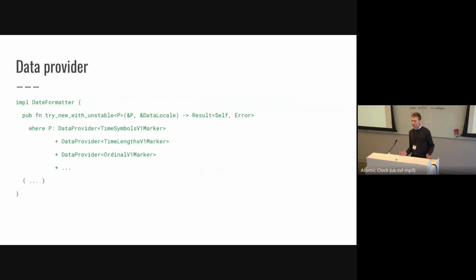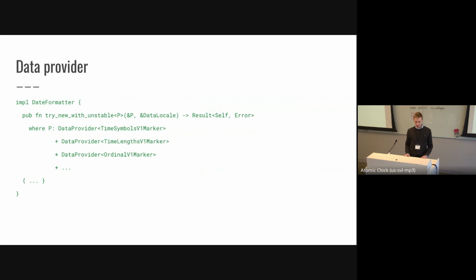So how does the date formatter actually load the data? You created the date formatter with the try new constructor, or, I think, the create constructor in JavaScript. This is the actual constructor. It's called try new unstable because it's not stable across versions. It's kind of internal, but public because sometimes you need it.